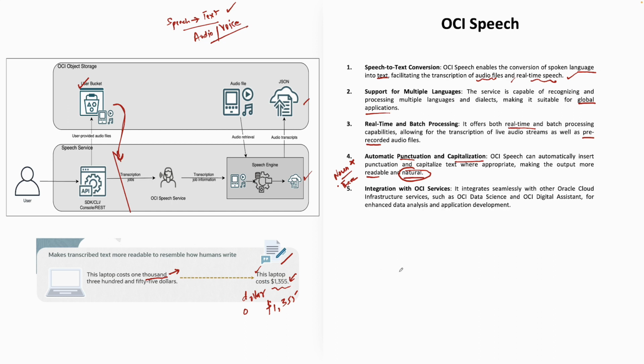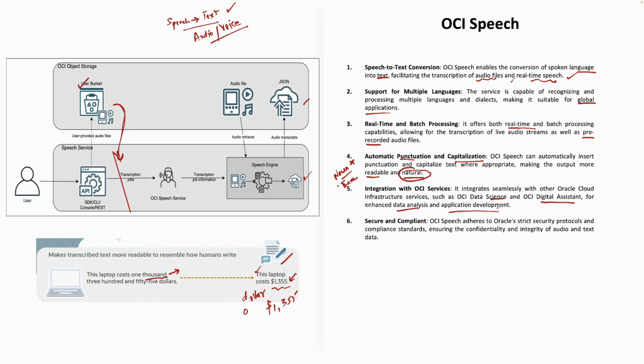Good. So as we saw with the OCI Language service, the OCI Speech service also integrates with various OCI services such as OCI Data Science and OCI Digital Assistant for enhanced data analysis and application development. So speech to text is one thing, but what if you want to do more analytics? You can always use Oracle Integration Cloud, you can use Oracle Data Science services, you can do a more enhanced level of data analysis and application development.